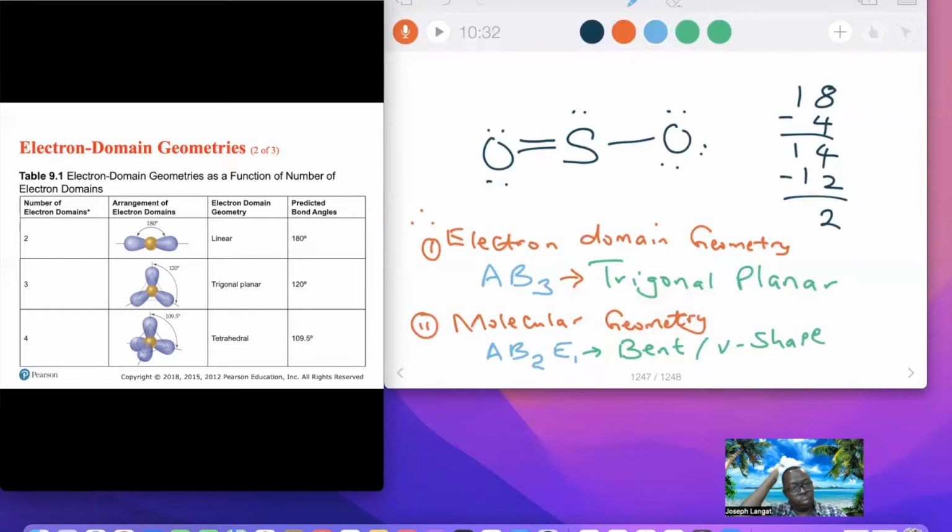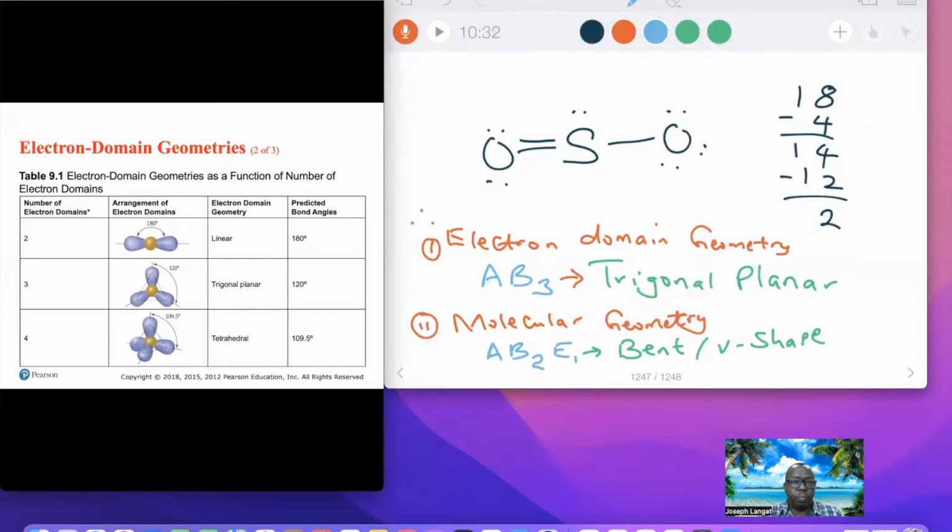You need to memorize these terms, that if you have three domains, if you have four domains, these are the geometries, the terms associated with each domain.